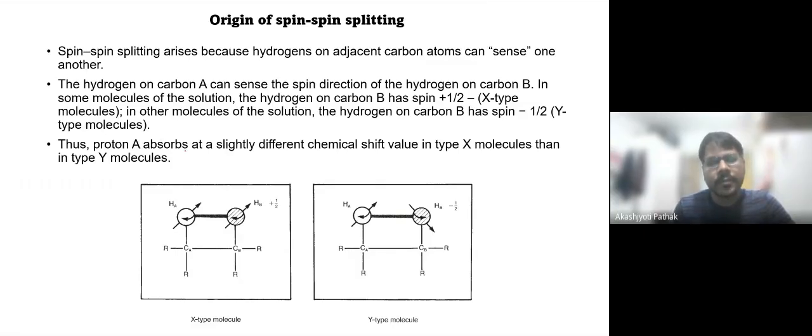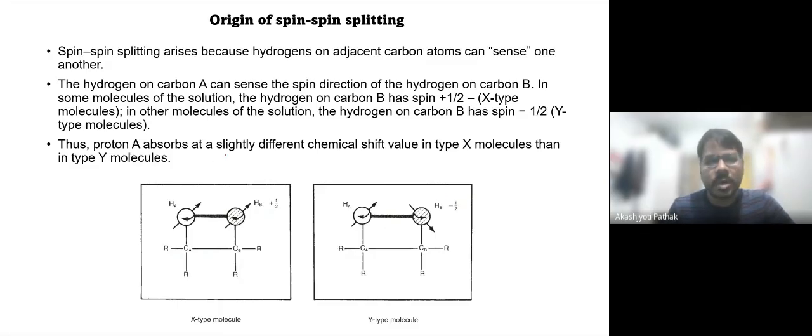For example, if there are 100 molecules of this compound, R-CA-CB-R-R, then there can be 50 molecules wherein the HB proton is in the plus half state, and the other 50 wherein the HB proton is in the minus half state.